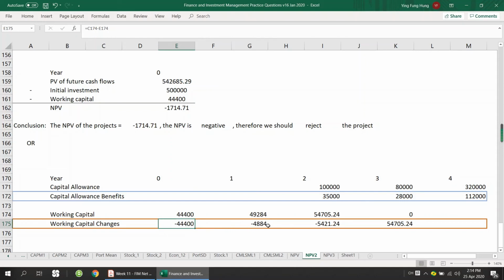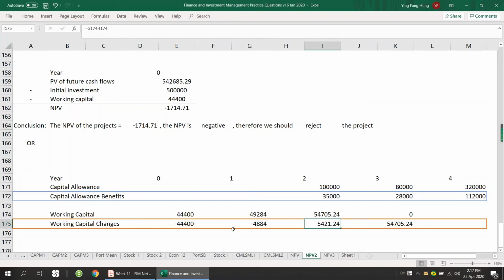And now for year 1, the difference is that there is an increase in the working capital of year 1 because there is an increase in sales. So the working capital changes is going to be the working capital in year 1 minus the working capital in year 0, then we will get a working capital change of negative 4.884 thousand.